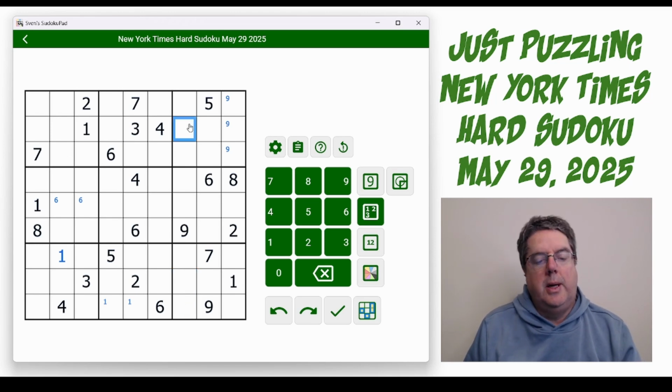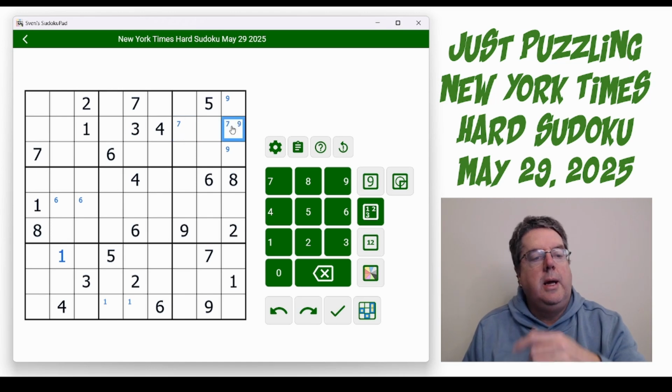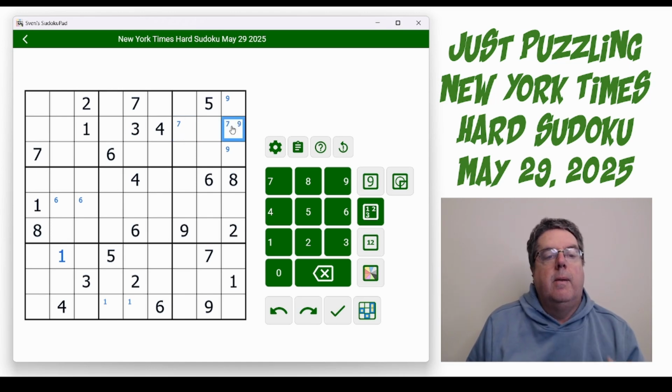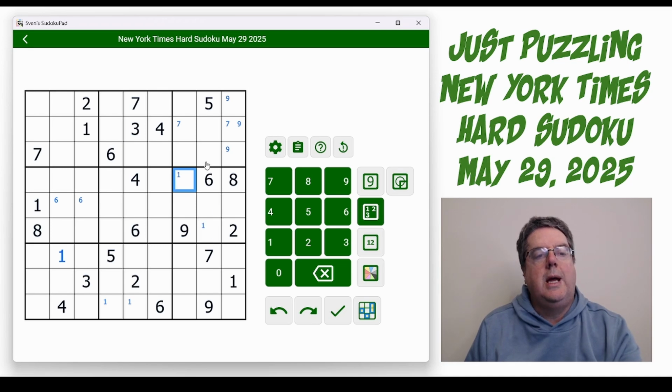7 can be either here or here. 9's there, 4, 6, 7. Alright, so what else can we see? We can see a 1 can be either here or here, which leads to that being a 1.